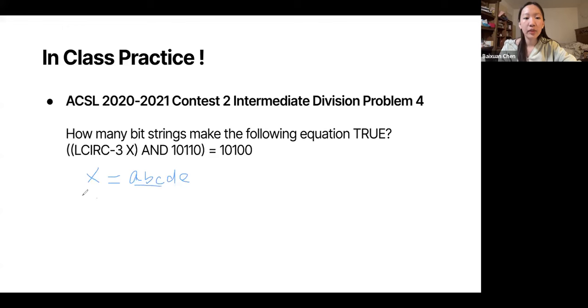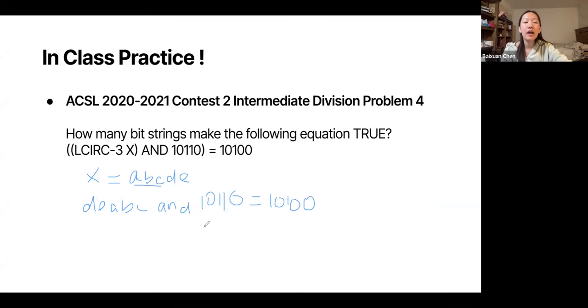So then it will be D, E, A, B, C, and 1, 0, 1, 1, 0 is equal to 1, 0, 1, 0, 0.